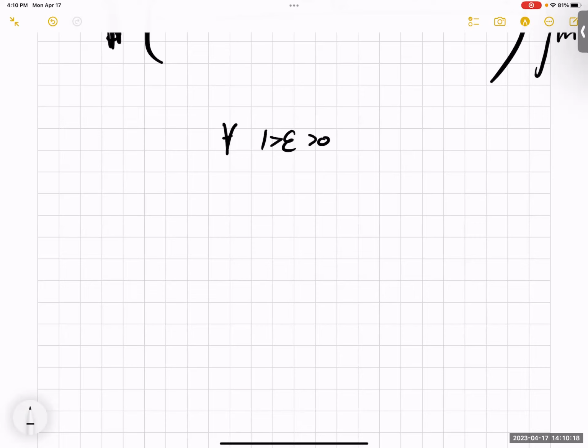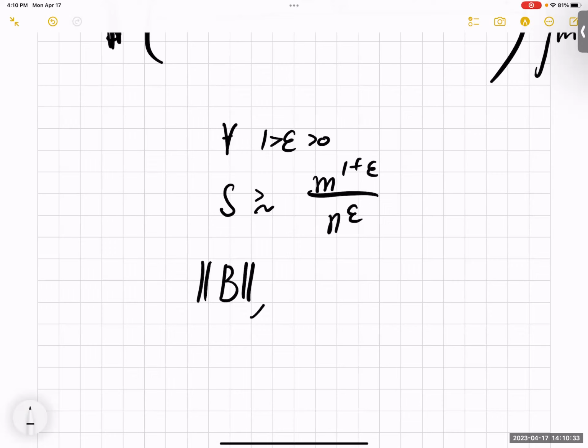One second. I wrote this down. You can get every S columns linearly independent, where S is at least M to the 1 plus epsilon over N to the epsilon. And the operator norm of B, from L to N to L to M, is at most 1 over epsilon times root of N over M.